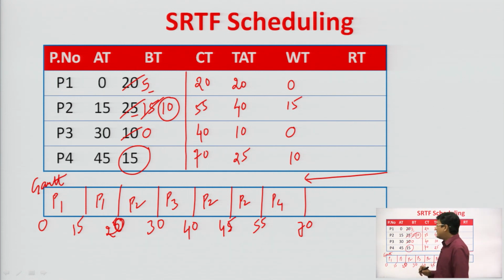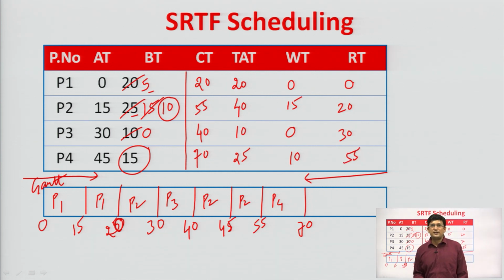Now, let us calculate the response time. Response time is calculated by looking at the Gantt chart from left to right. So, P1 was given the CPU for the first time at 0 time, P2 was given at 20 time, P3 was given at 30 time and P4 was given at 55 time. Now, this is the absolute time. So, let us subtract the arrival times from this.